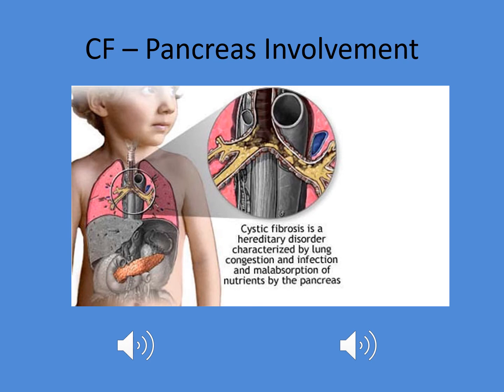The way we may suspect that a newborn has cystic fibrosis, especially if parents have no idea that they are carriers of the trait, or they've never had any other children, and there's maybe not a real well-known family history, there are some things we can look for during the newborn period.